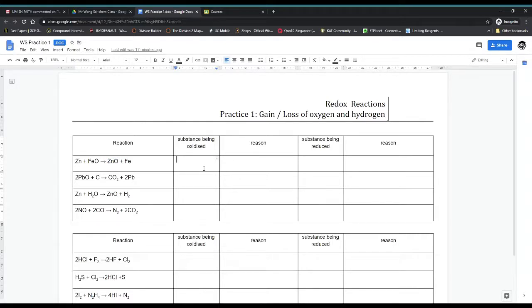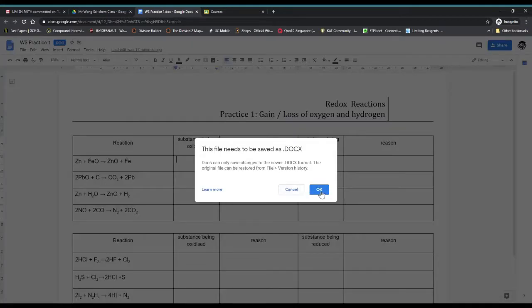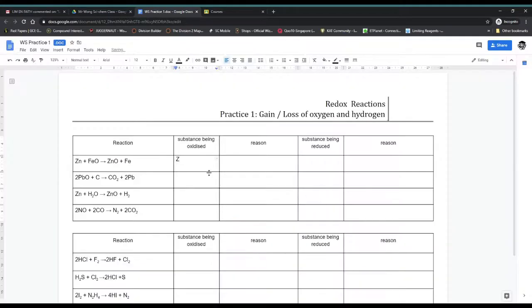So here in my answer, I'll write something like this. Zinc is oxidized. I will point that out, and I'll provide a reason why zinc is considered oxidized, just similar to what you learned from my lesson about writing evidence to support this.